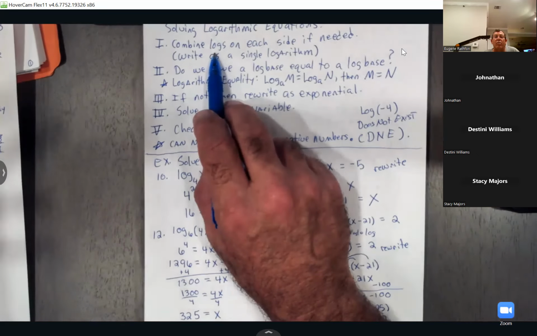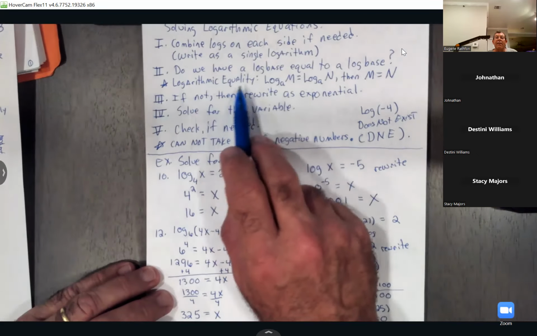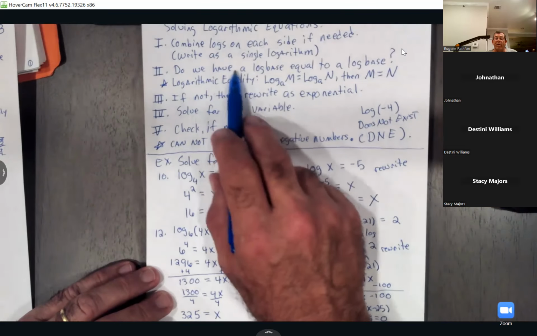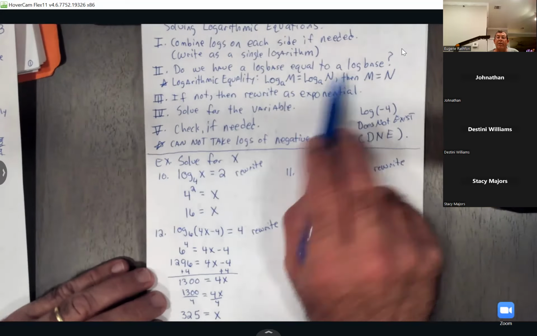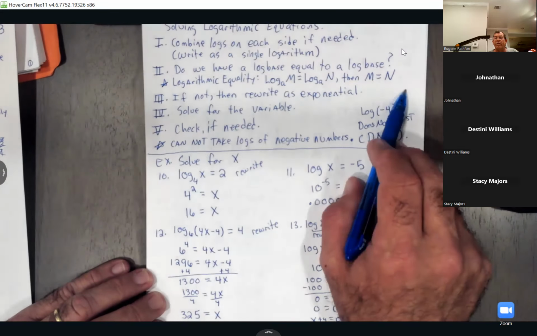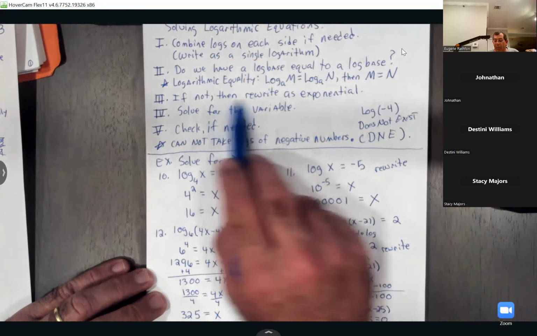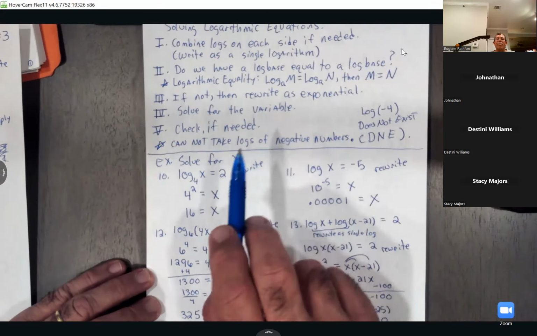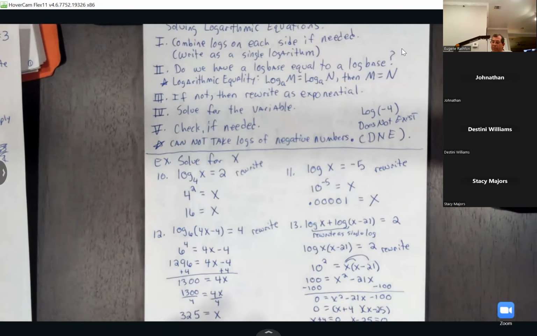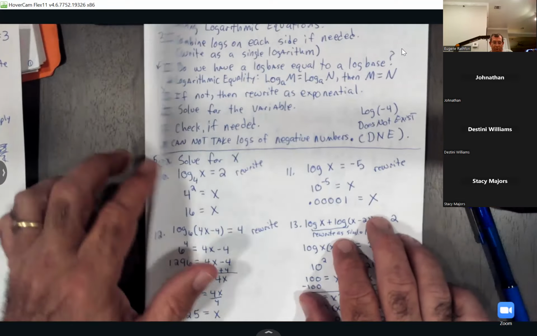Could we combine logs on either side? Once we got through that step, we looked to see if we had a log base equal to a log base. If we did, we just set the results equal to each other. If not, then we rewrote them as exponential, solved for the variable, and then checked our answers. So yours is going to go right along the same steps on those.